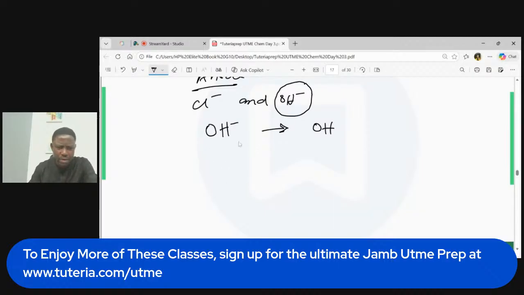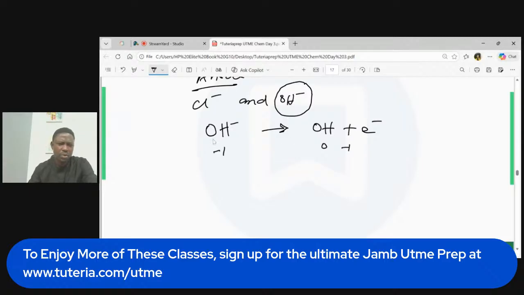So how are we going to form the oxygen gas from here? OH- to OH: this is minus one and this is zero, so we add an electron to this side so that it will be minus one too, and the charge will be balanced. The first equation is that OH- gives OH plus e-.